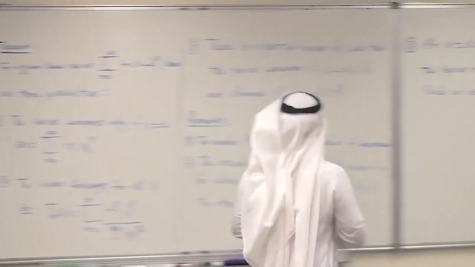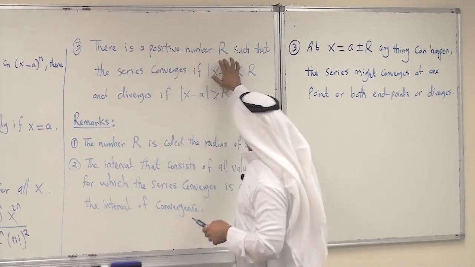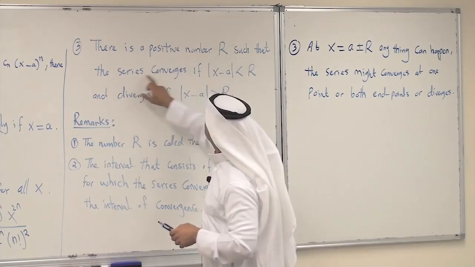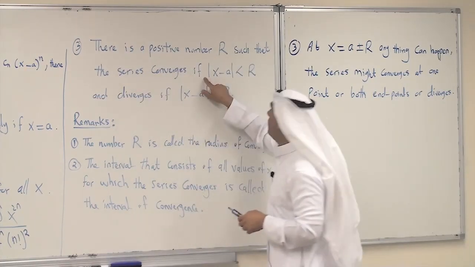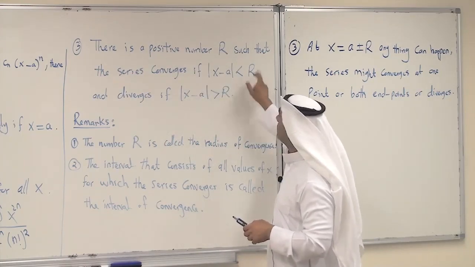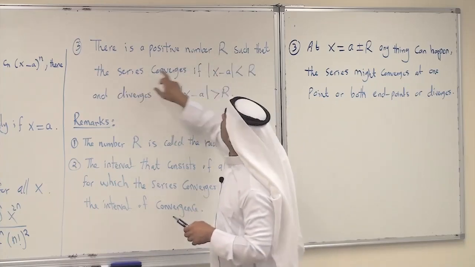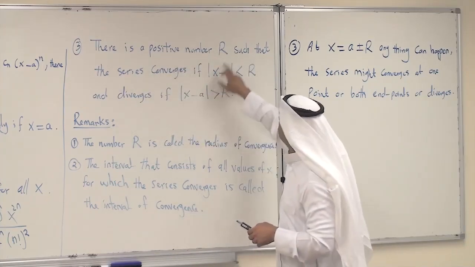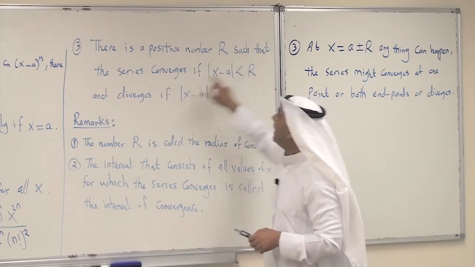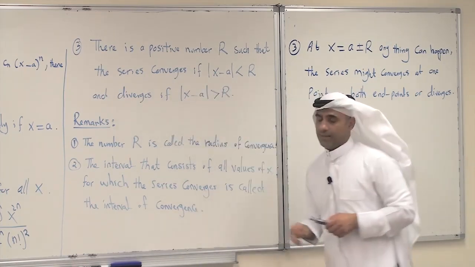More interesting, there is a positive number r such that the series converges if the absolute value of x minus a is less than r. So I repeat this. There is a positive number r such that the series converges if the absolute value of x minus a is less than r and diverges if the absolute value of x minus a is greater than r.